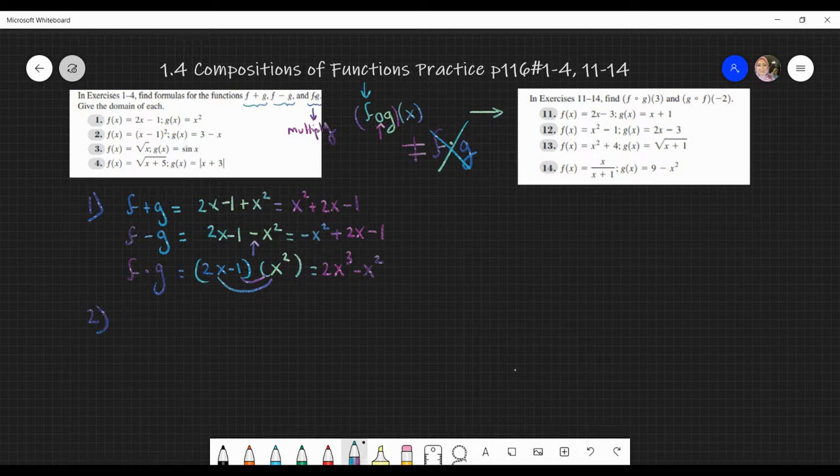And it will be very similar for number 2. So f plus g is going to be x minus 1 squared plus the g function. And we talked about this special case in our special cases bulwark. So this is a special case.